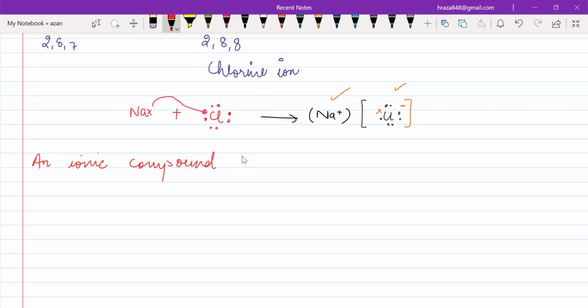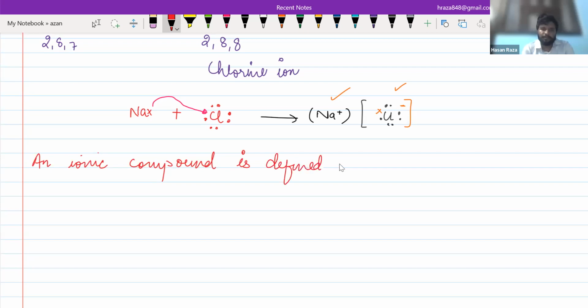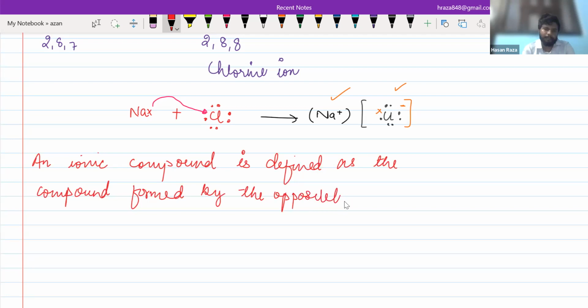Please write with me. An ionic compound is defined as the compound formed by the oppositely charged ions, by the ions which attract each other to form a chemical bond.